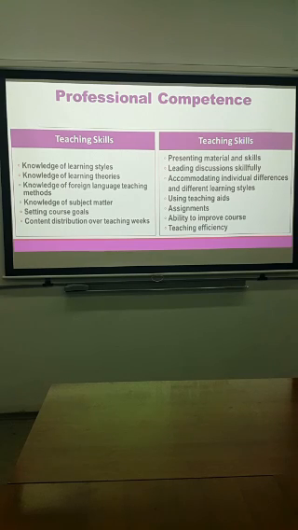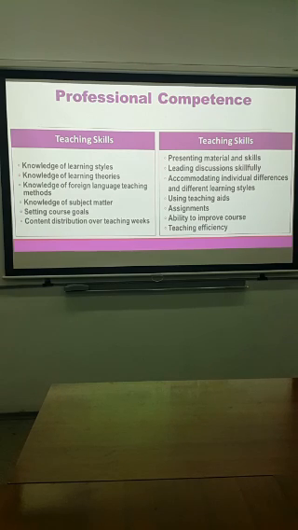Also, the teacher should know how to present the material, for example, new vocabulary, new grammatical structures, how to teach spelling, how to teach reading, how to teach writing, how to teach listening, speaking. She should be able to present the material and the language skills.